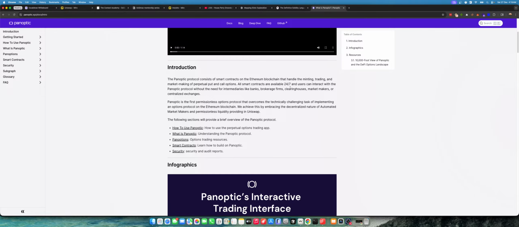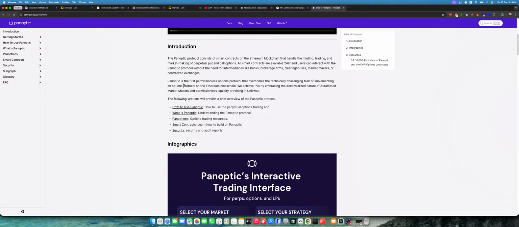All smart contracts are available to use and users can interact. Okay. I'm not sure if this is even the first. Who comes with the technical challenge task of implementing an options protocol in Ethereum?